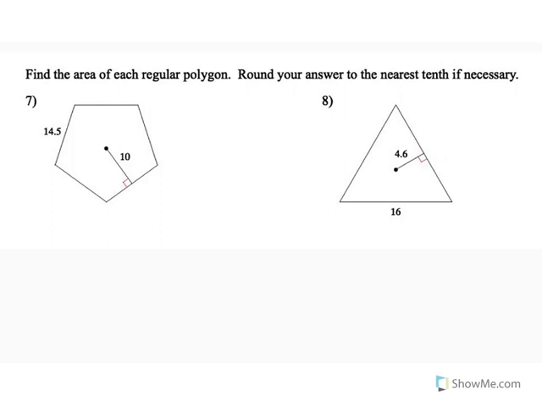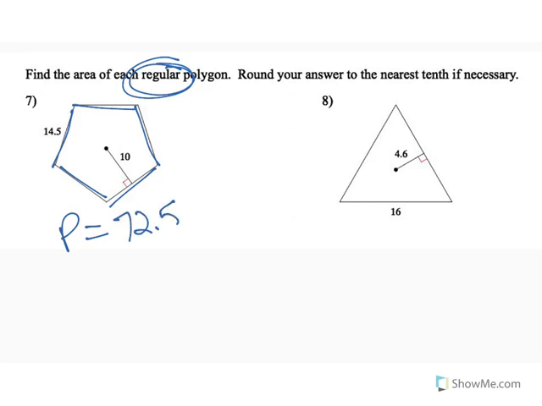Here we have a pentagon, and it's a regular polygon, which means that every side's the same. I'm not going to give you any that aren't, because this only works on regular polygons. So every side is 14.5. That means our perimeter is 14.5 times 5, because there's 5 sides, which is 72.5.